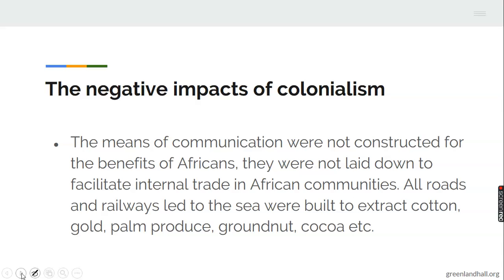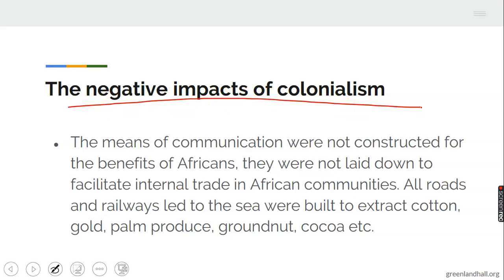We are going to look at the negative impacts of colonialism first. The negative impacts. 1. The means of communication were not constructed for the benefit of Africans. They were not laid down to facilitate internal trade in African communities.